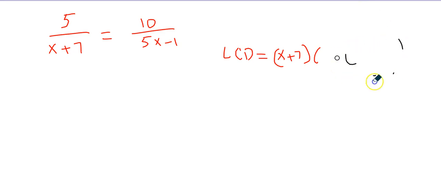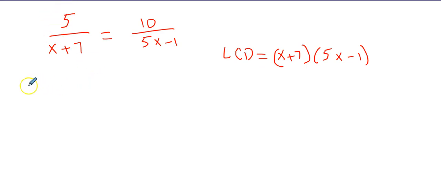That is the least common denominator between those two fractions. I considered x plus 7 and 5x minus 1. Now I have to multiply this whole expression by the LCD.